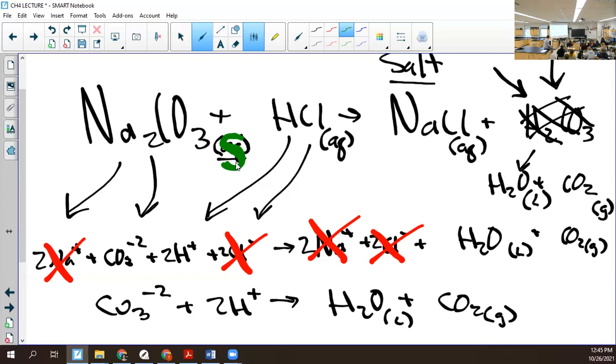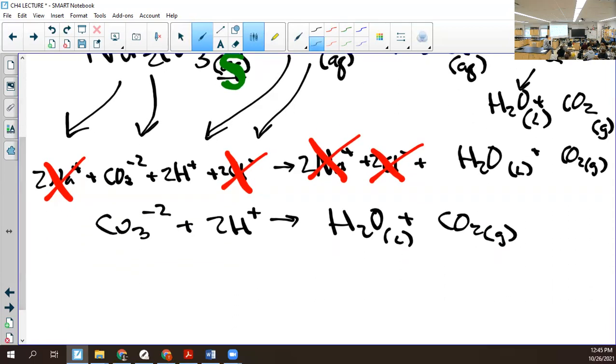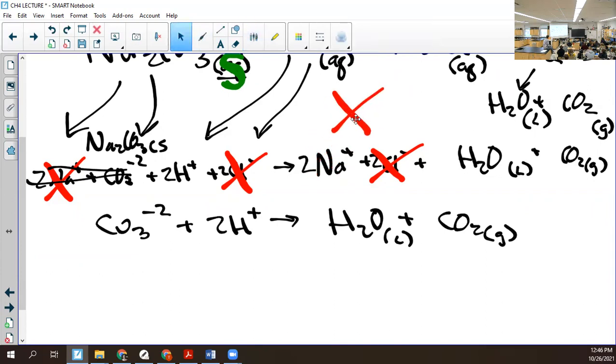So this is what changes. If this is solid, then it would have stayed together the whole time, right? Na2CO3 solid, which meant that now this did change. I'm going to use a red X to get rid of a red X. That was satisfying.